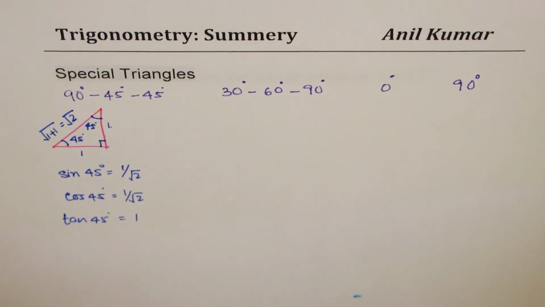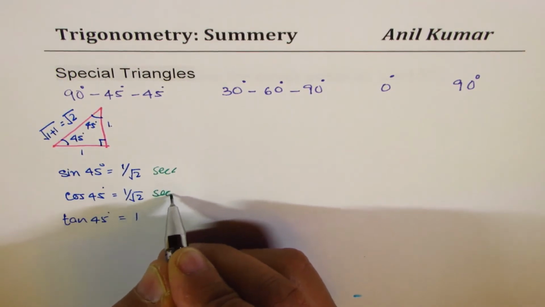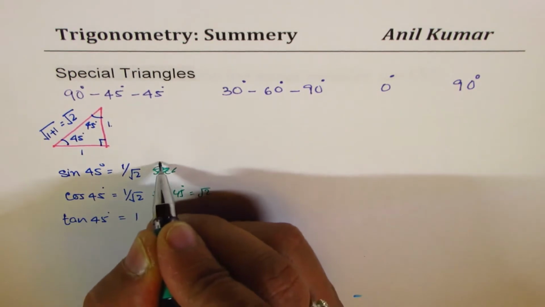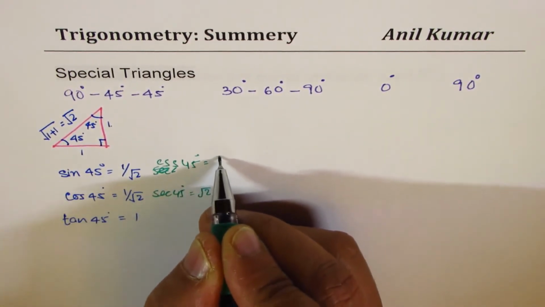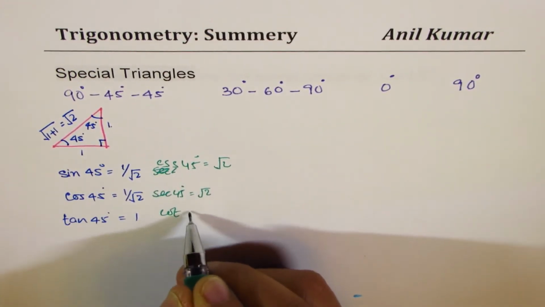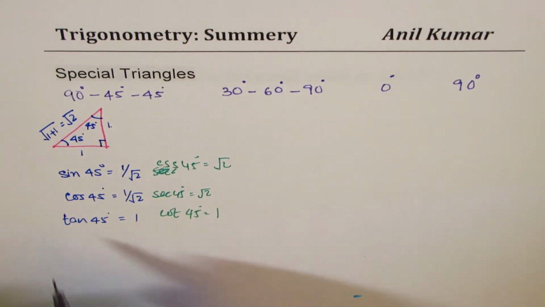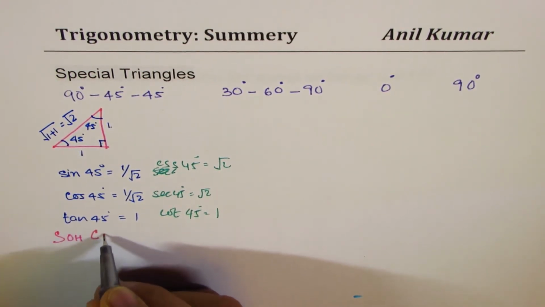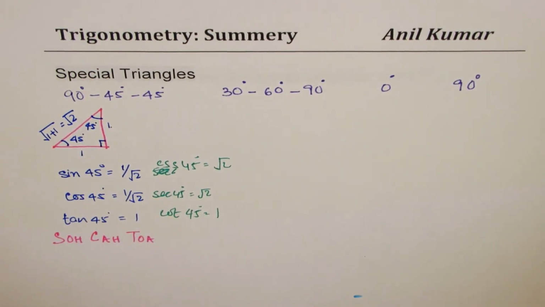Secant 45 degrees is square root 2, and cosecant, the reciprocal of sine of 45 degrees, is also square root 2, and cotangent 45 degrees will be 1. An easy way to remember that is SOHCAHTOA, which is sine is opposite over hypotenuse, cosine is adjacent over hypotenuse, tan is opposite over adjacent. Perfect.